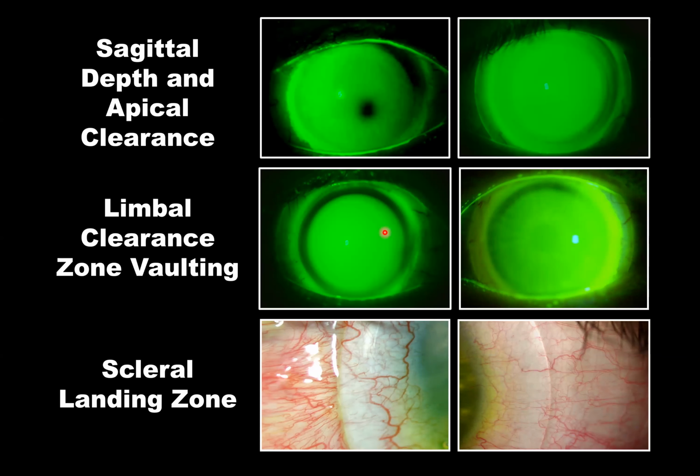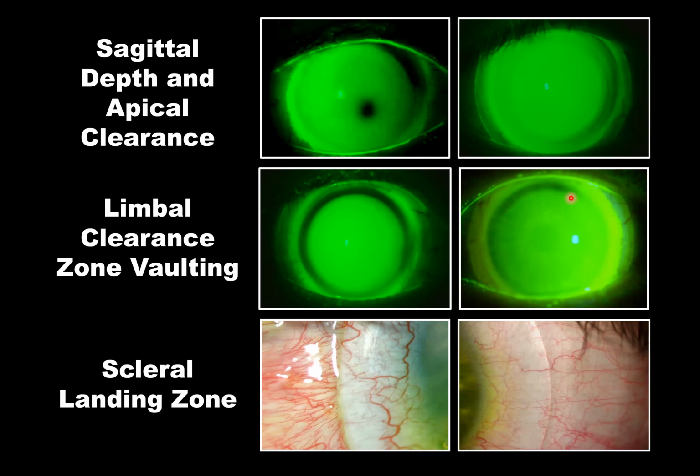Now, we may put a lens on eye that has the appropriate apical clearance, but it has peripheral corneal or limbal bearing. When that's greater than 180 degrees, you need to call up the team at Spectrum International and ask them to increase the limbal lift zone, raise zone 3 of the lens to get that lens off the limbus, off the peripheral cornea.